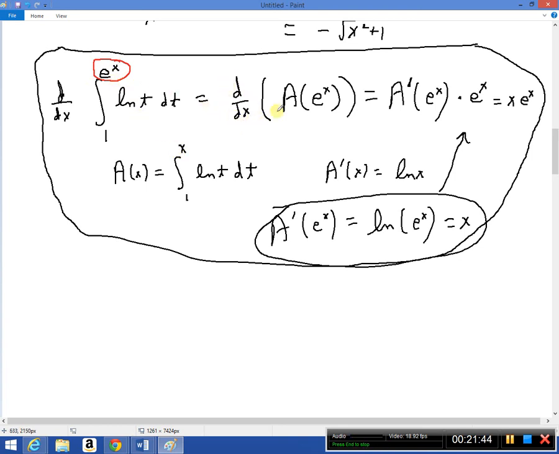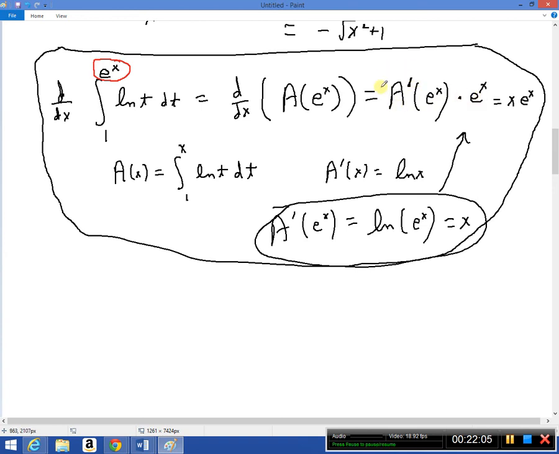So how do we think of that? It's the derivative, not of A of x, not of the area function at x, but the derivative of the area function at e to the x. And this is a chain rule problem. So the derivative of a function is the derivative of the outer function, plugging in whatever's there, times the derivative of what's inside.